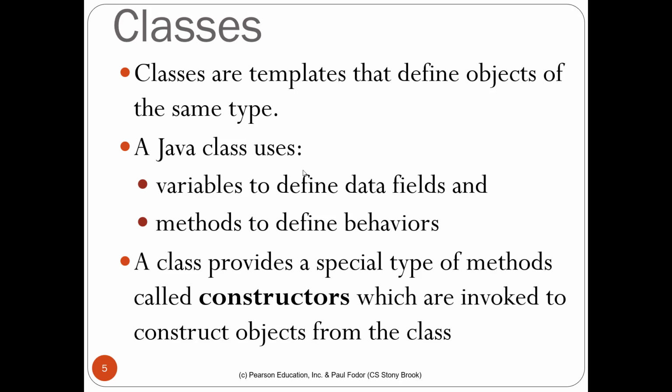In Java, a class will help us in defining variables, which we also call data fields, and it will also allow us to define our own methods which are specific to the class, and these methods will work on the data fields of the class. These methods define the behavior of the class and hence the objects which are defined using these classes.